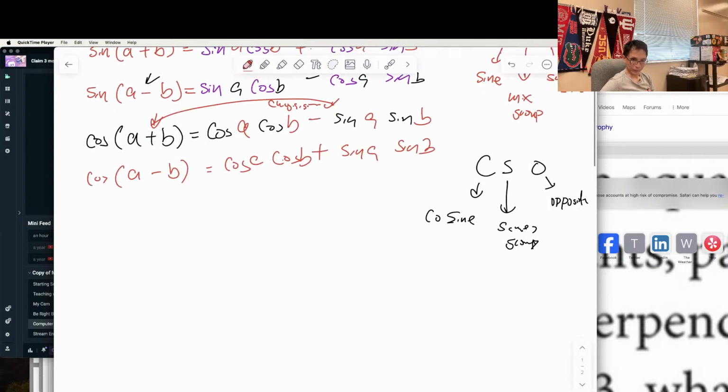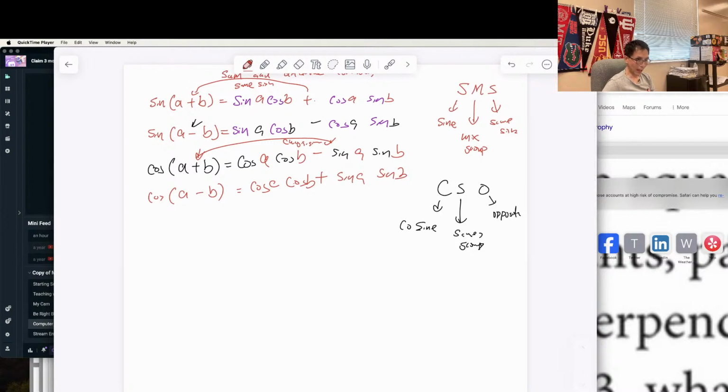Okay. With that said, how do we use it? For example, I don't have sine of 105 degrees inside of the unit circle, because the unit circle gives me 30, 45, 60, 90, 120, but it's missing 105.